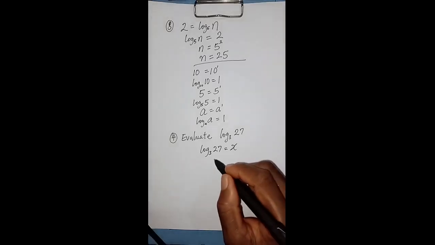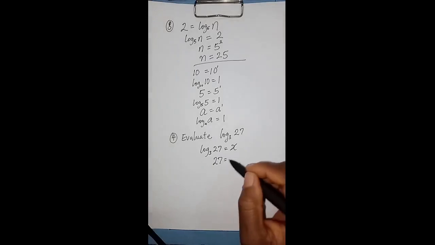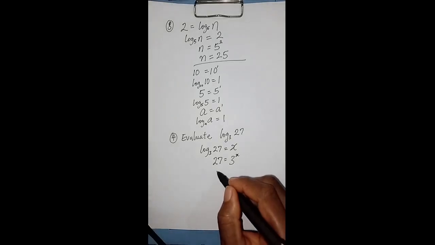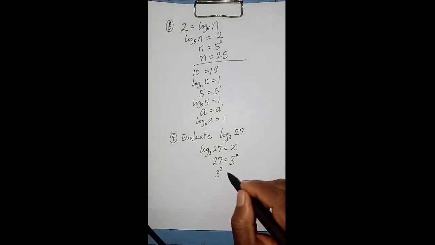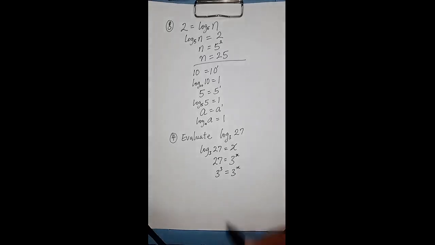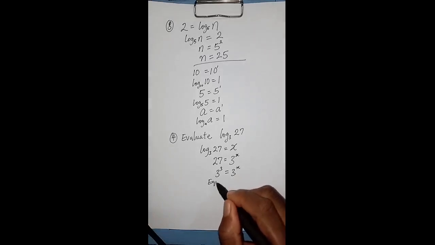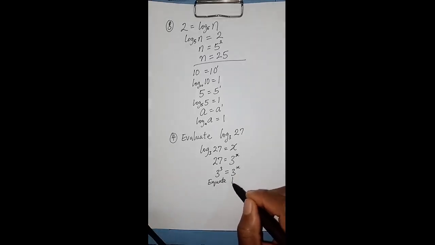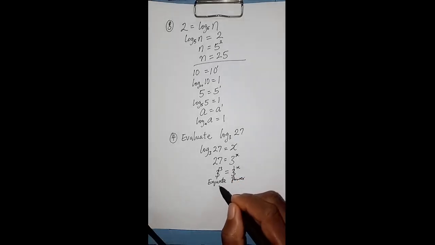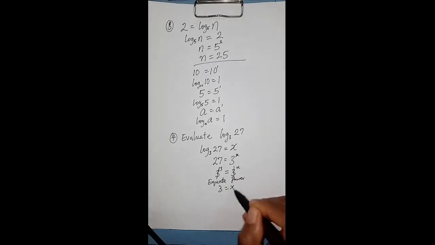And then this is your 27 equals 3 raised to power x. And this is 3 raised to power 3 equals 3 raised to power x. Now, here you can equate powers, since the bases are the same. And so 3 is equal to x. Therefore, x equals 3.